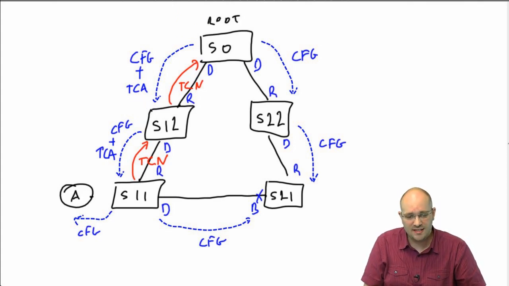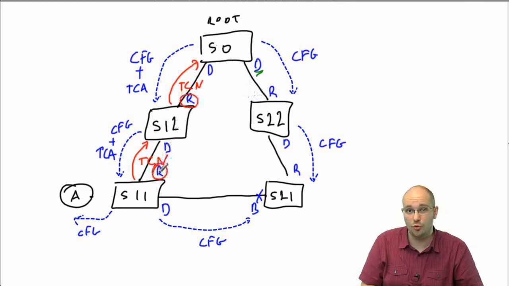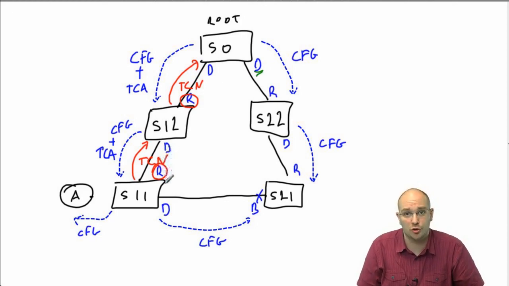Once the root receives this, instead of forwarding it down this tree here, and it won't do that because these are designated ports, remember that the TCN is only sent out of the root ports. There are no root ports on the root bridge, so it doesn't require any special logic. Simply, there are no root ports, so we are not going to send the TCN BPDU anywhere.